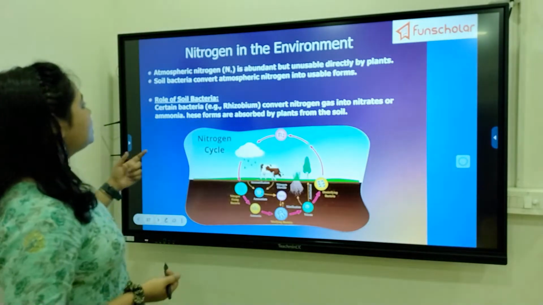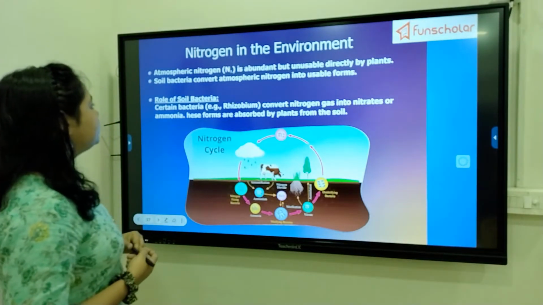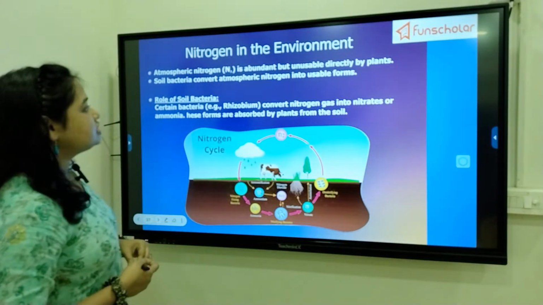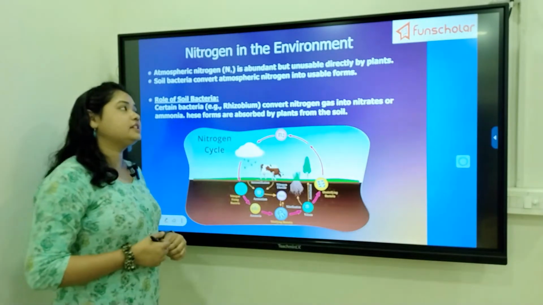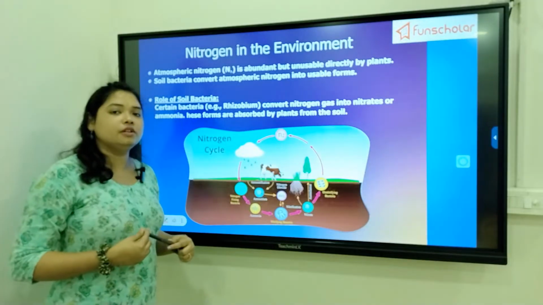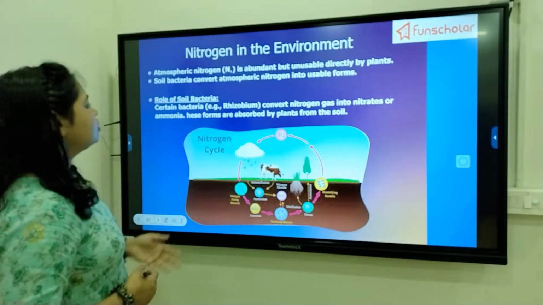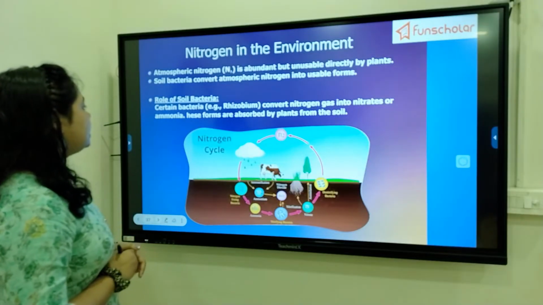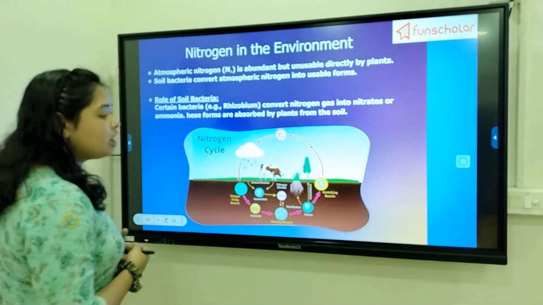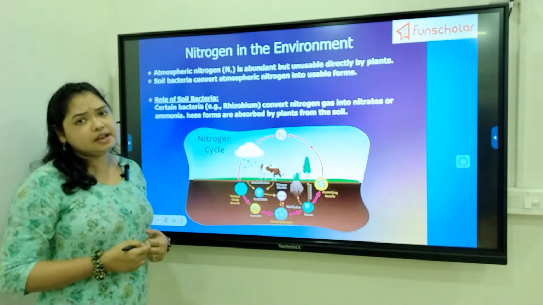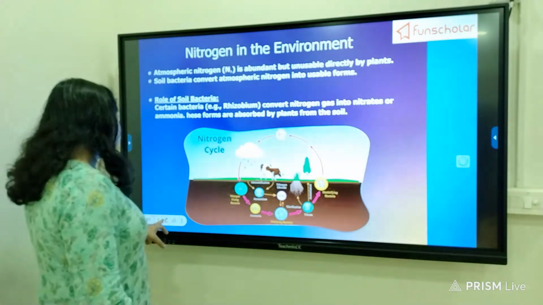Therefore, there are certain soil bacteria, known as nitrogen fixing bacteria, which convert the atmospheric nitrogen into nitrates, and that is the usable form for the plants. An example is Rhizobium, and these forms are absorbed from the soil only because plants have no means to directly absorb nitrogen from the atmosphere through diffusion.